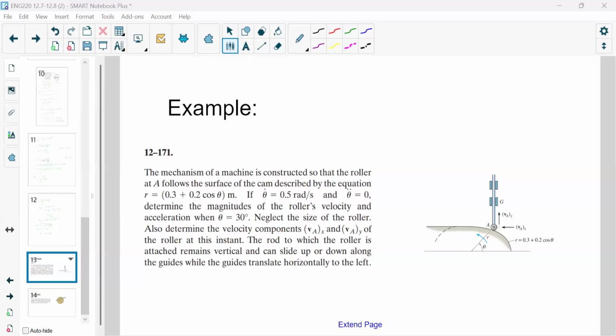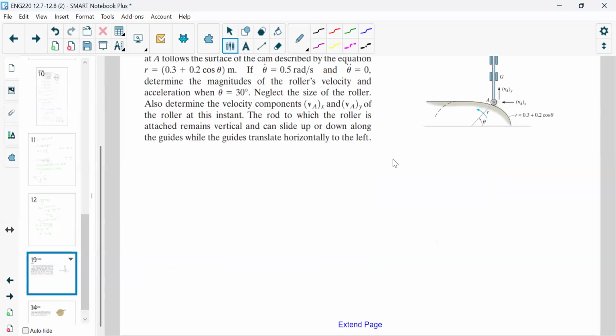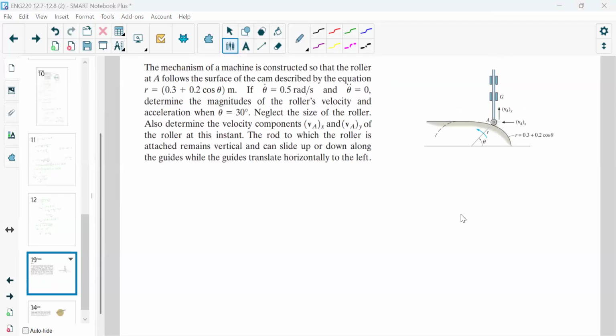Okay. So let's go back to the problem. Let's work through this guy, see what we know, what we can find. All right, so we have a machine and the machine has a roller and it follows the surface of a cam. And it is described by this particular equation.